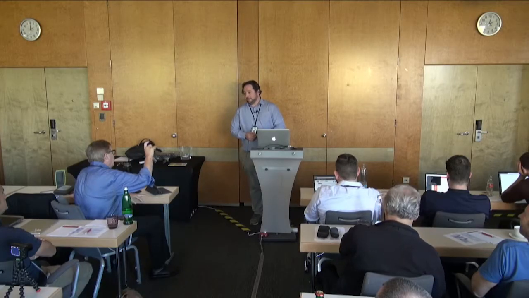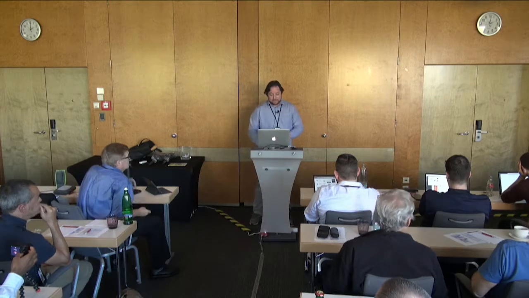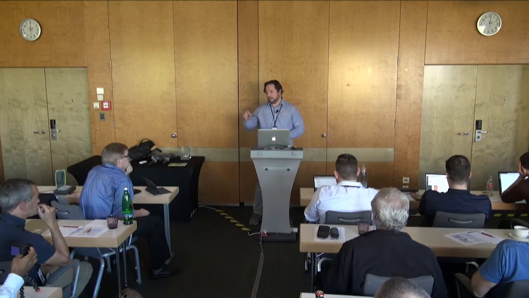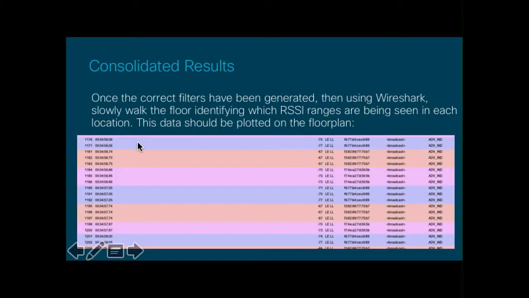How do you tie your location to the chunk of Wireshark frames? Within Wireshark, if you right-click any frame, you have the capability of adding what's called packet comments. So while I'm walking around the floor and I find this particular frame, okay, it's a minus 67, I'd add a packet comment when I arrive at that location.